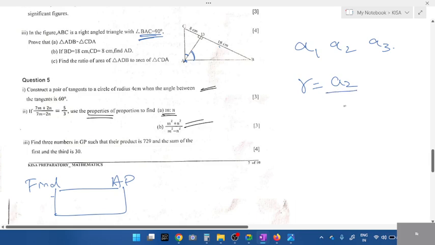A2 divided by A1. So if I let the first 3 numbers be A1, R into A1, students, I'll cross multiply.